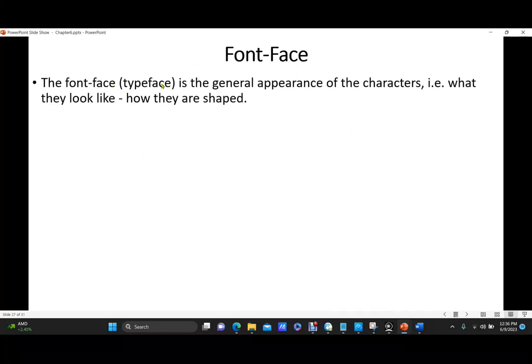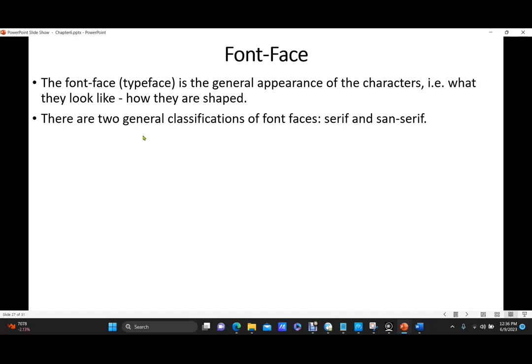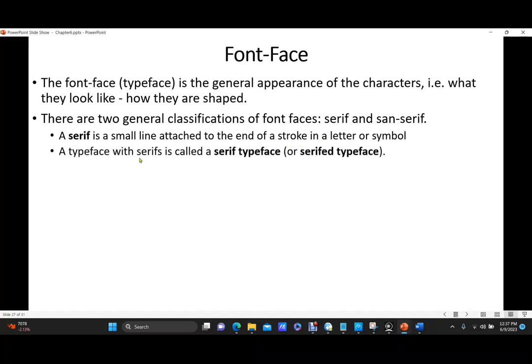Font face or typeface is the style or appearance of the characters, what they look like, how they're shaped. They come in two general classifications, serif and sans serif. A serif is a small line attached to the top or end of a stroke in a letter or symbol.